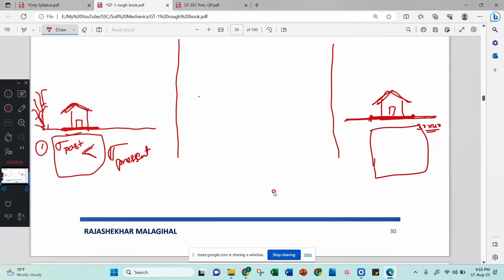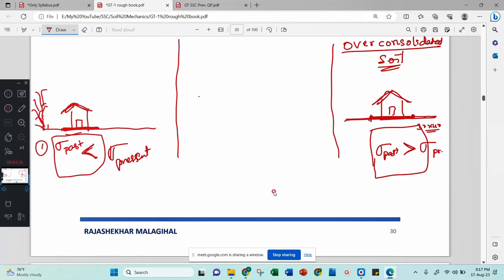And here past pressure is very, very huge compared to present pressure. Therefore, this condition is considered as over consolidated soil. Why? Because this soil is consolidated. How much consolidated? Over consolidated.